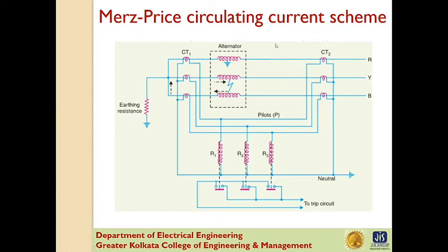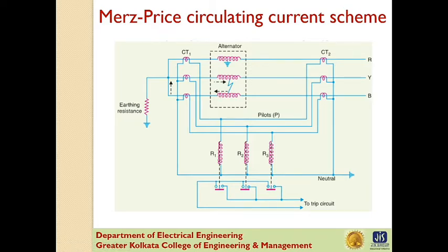Now this figure shows the schematic arrangement of current differential protection for a three-phase alternator. Identical current transformers CT1 and CT2 are placed on either side of each phase of stator winding.